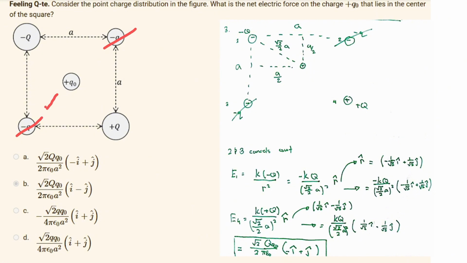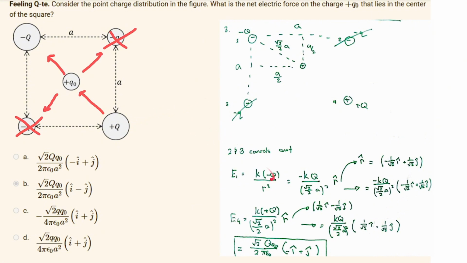So this attracts over here, this attracts over here, this pushes over here, this pushes over here. So -Q here and -Q here both attract in different directions but with equal magnitudes, so we can cancel these two out. And so we only have to focus on -Q and +Q over here.